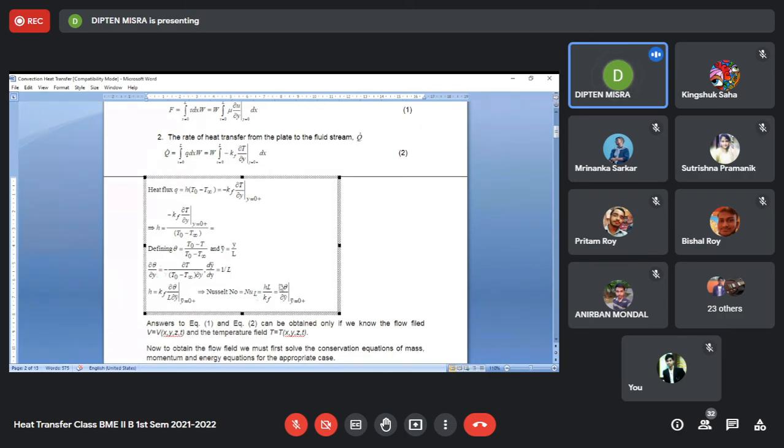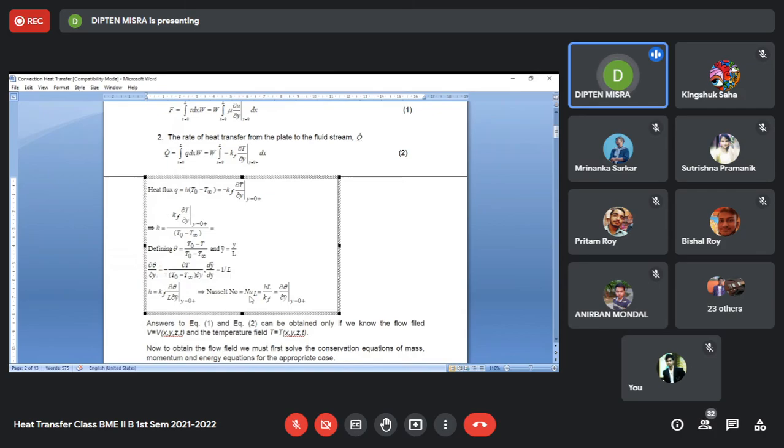So this is a dimensionless number that people try to find out as a function of the flow condition. In forced convection, the Nusselt number will depend on the Reynolds number. So the researchers who work in this area try to find out the dependence of the Nusselt number on Reynolds number and other fluid properties like Prandtl number.